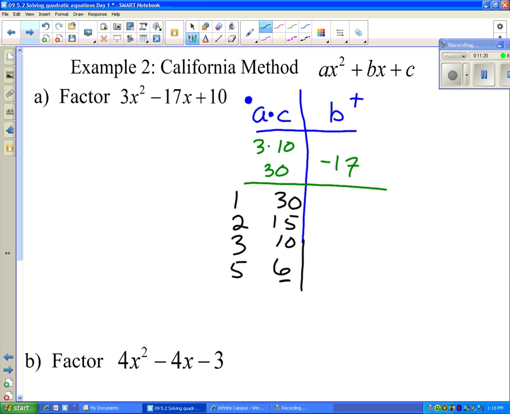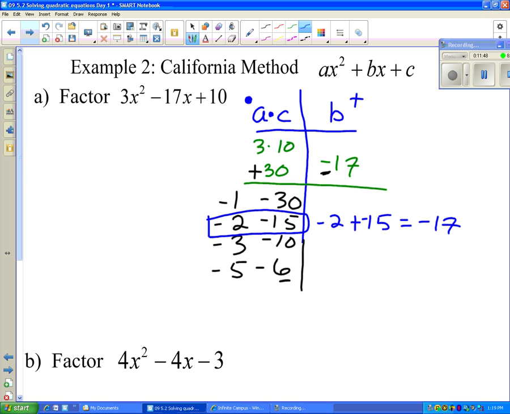What will give me 17? Well, remember, I want a negative 17 and a positive 30. So they both have to be negative. So when I add these, negative 2 and negative 15 will give me negative 17.